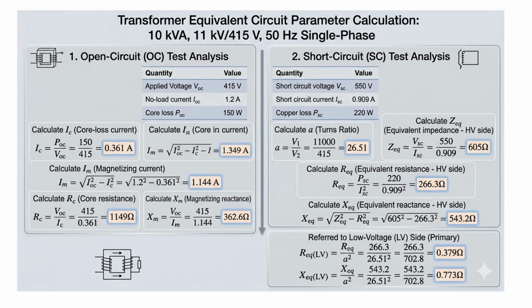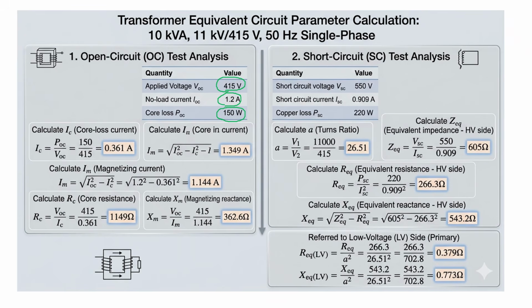So we can calculate the parameters for the transformer. For example, here, if we have this measurement for the open circuit, 450 V, a no load current of this magnitude, and a core loss of this, we can calculate the core components.